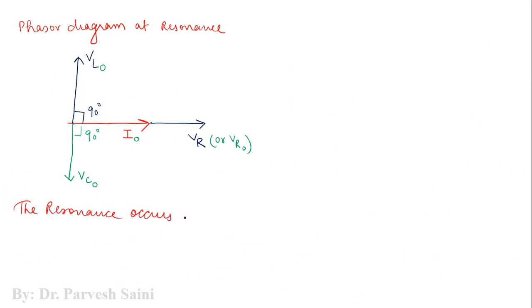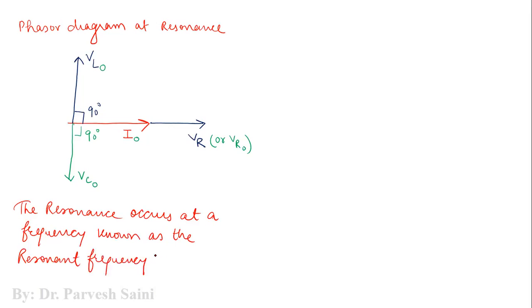So that means the resonance occurs at a frequency known as the resonant frequency, right? It would be denoted by F naught, or it may also be denoted as FR, one and the same thing.